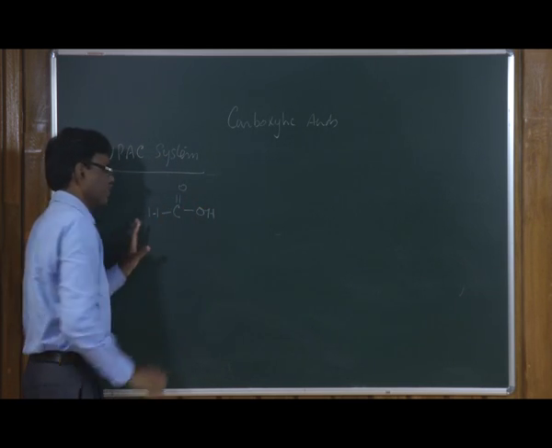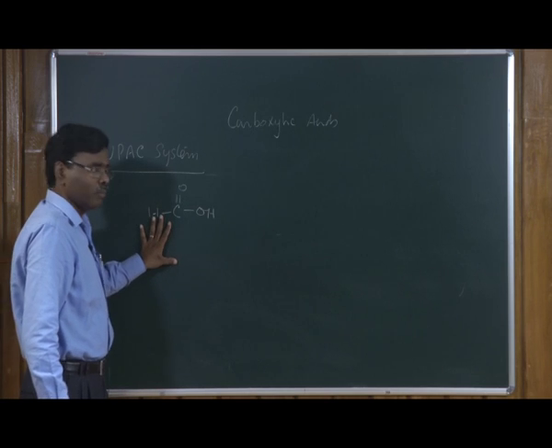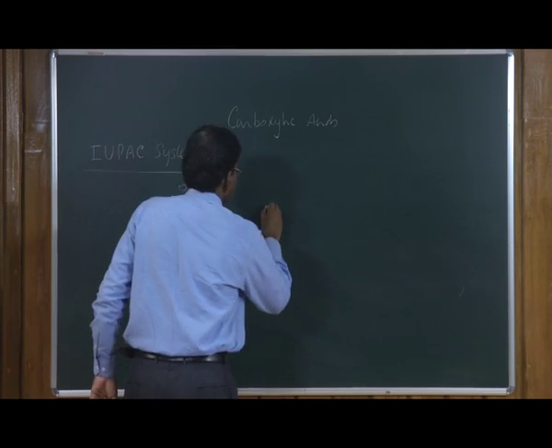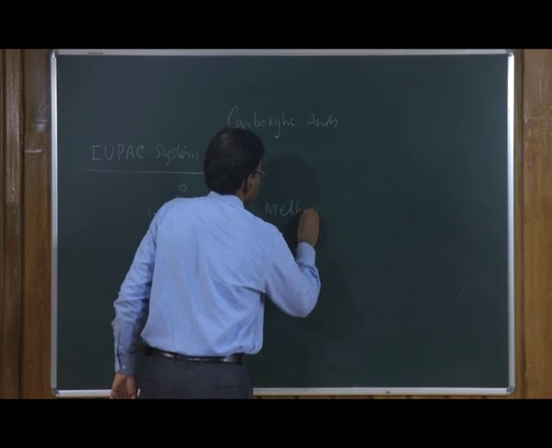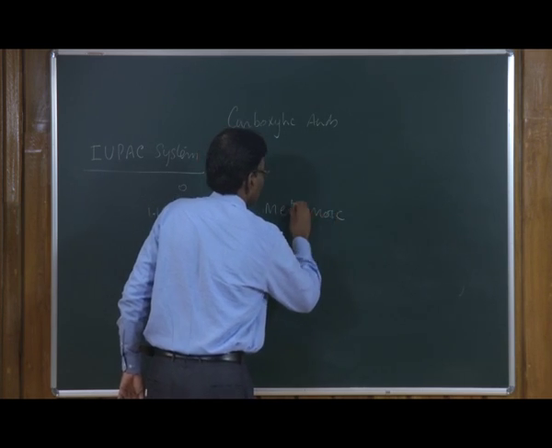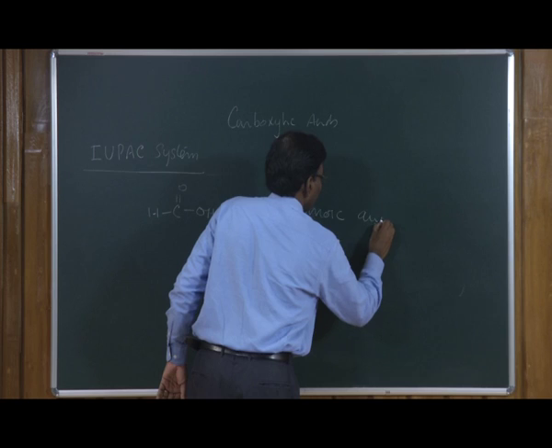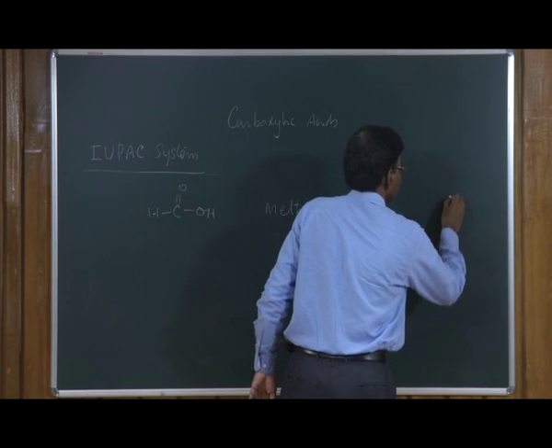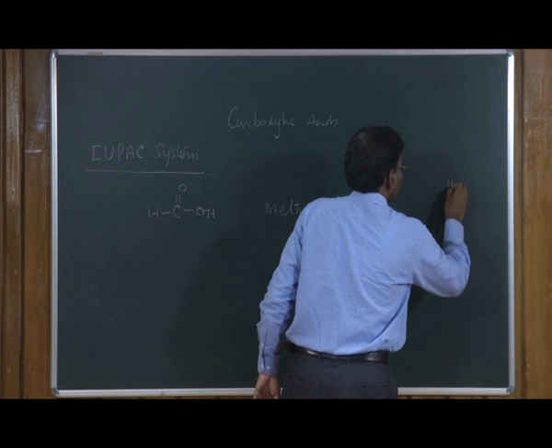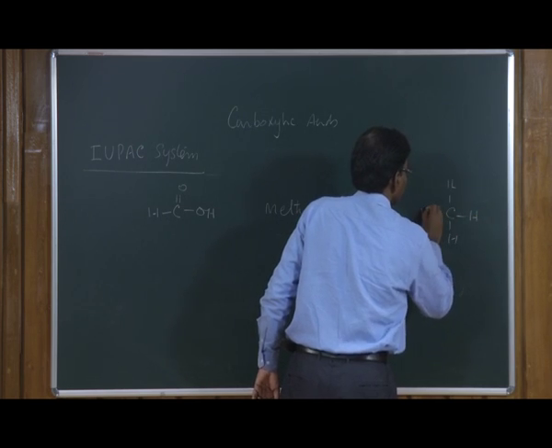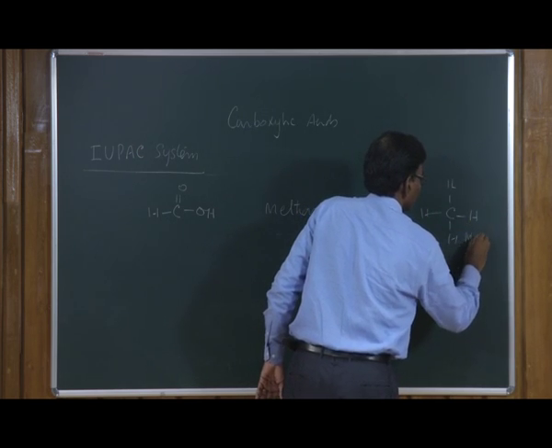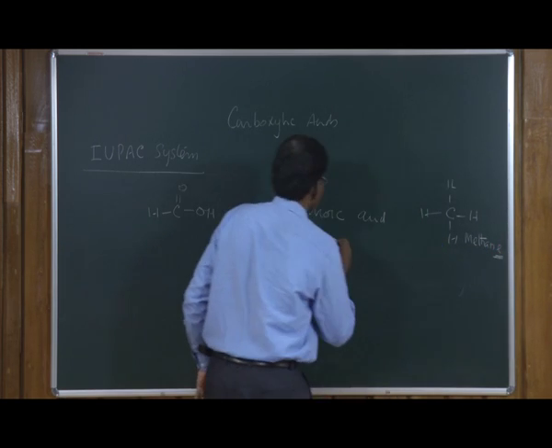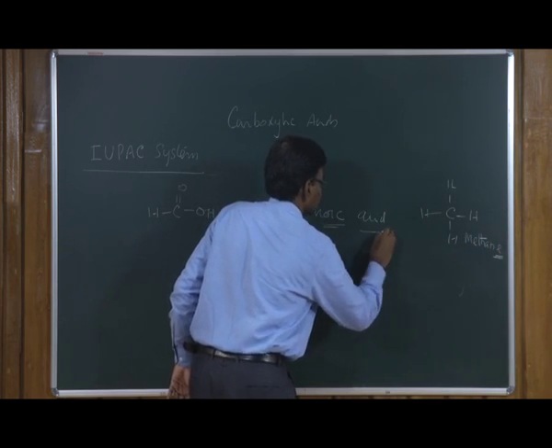The IUPAC name is methanoic acid. The corresponding alkane is methane. The E has been replaced by OIC acid.